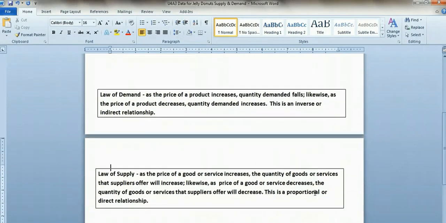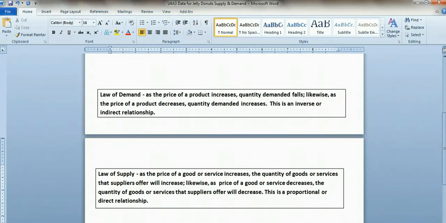Our law of supply states that as the price of a good or service increases, the quantity of goods or services that suppliers offer will increase. Likewise, as the price decreases, the quantity that suppliers offer will decrease. And this is a proportional or direct relationship. To help you better understand it, think of yourself as being employed.